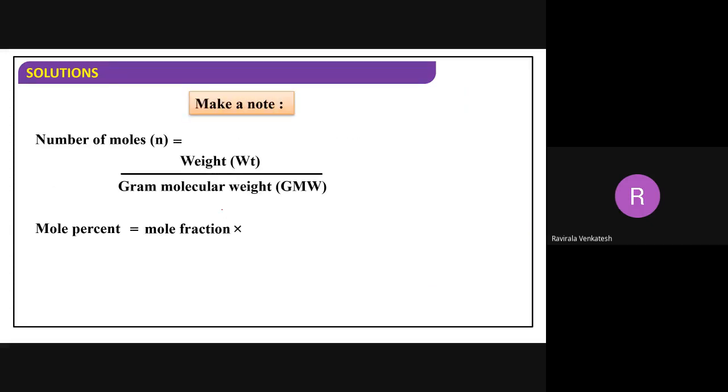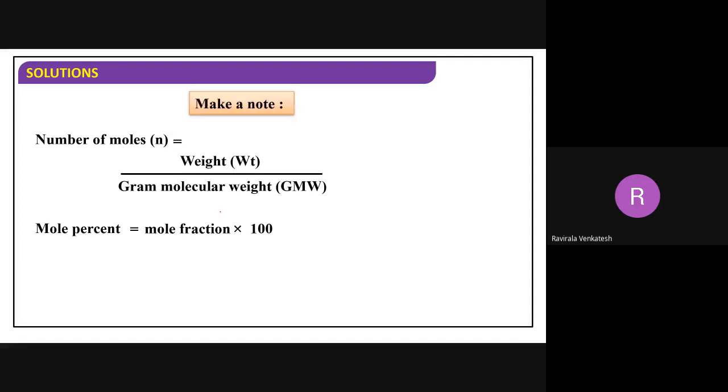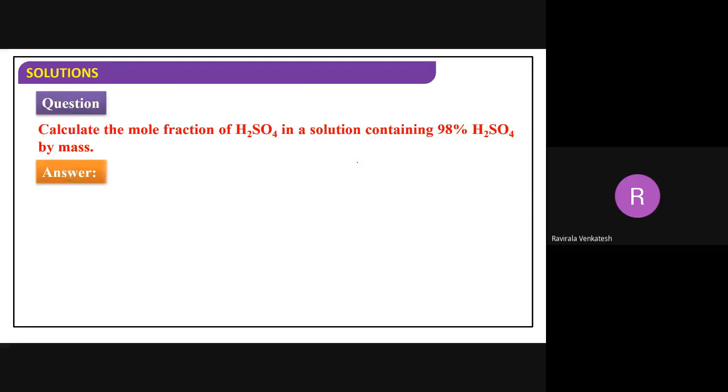Now when you are writing the formula, you have to remember it. Mole means what? Mass in grams by molecular weight. This is the formula you have to remember, right? So I am giving you a question, note it down. Calculate the mole fraction of H2SO4 in a solution containing 98% by mass.